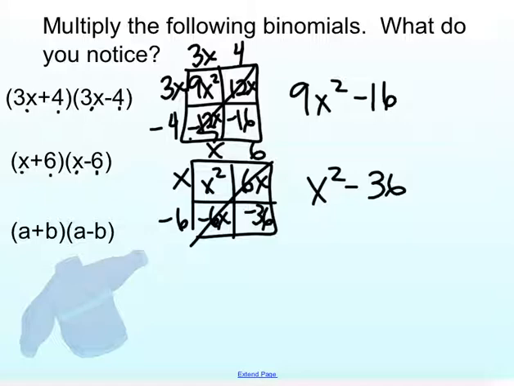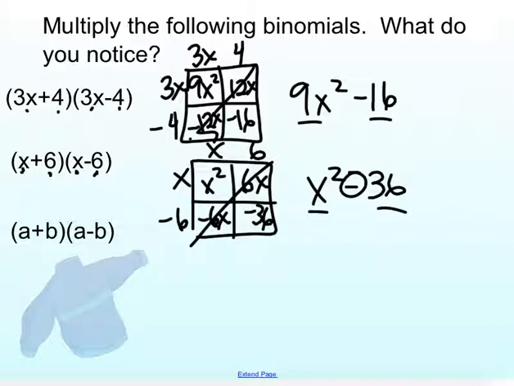What we call this is a difference of squares, because 9x squared, 16x squared, and 36 are all perfect squares, and we are finding the difference. This comes when we have the first terms the same, second terms the same, and we are adding and subtracting in one and the other.